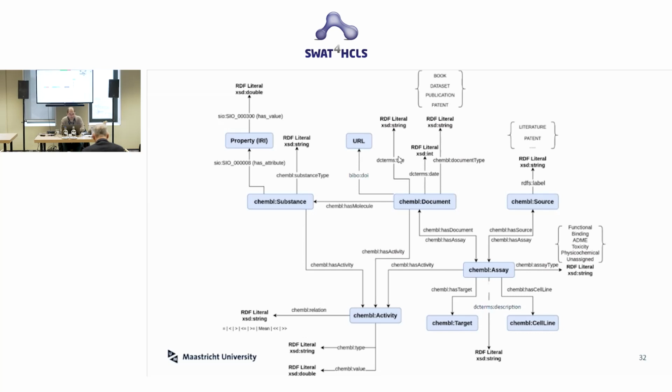So this time I start with the document, right? Because this triple is now document, title, literal. So in the next part, whatever document you got linked to those assays, I want the dcterms title, and I can call it document title, for example.